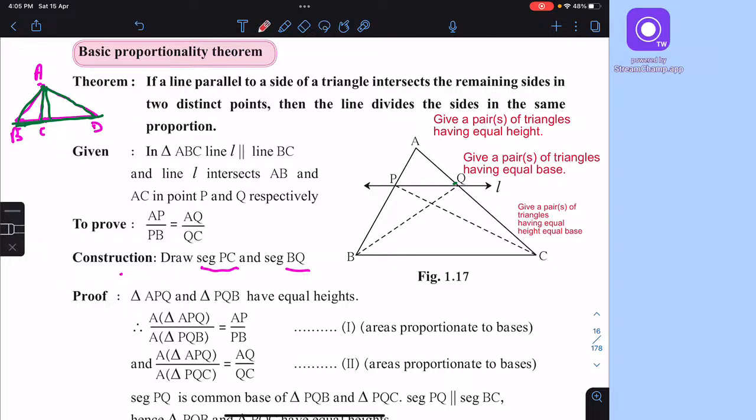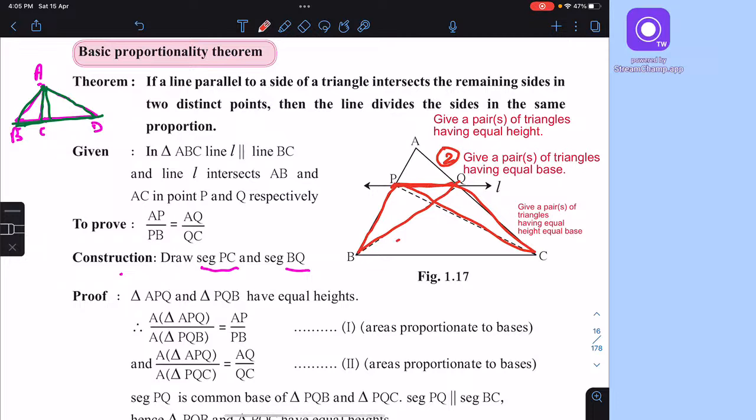The second question would be: give pairs of triangles having equal base. Now, if PQ is taken as the base, then PBQ and PCQ, these two triangles have the same base. There may be some more also.